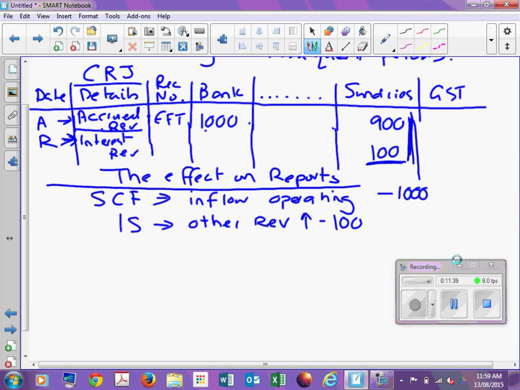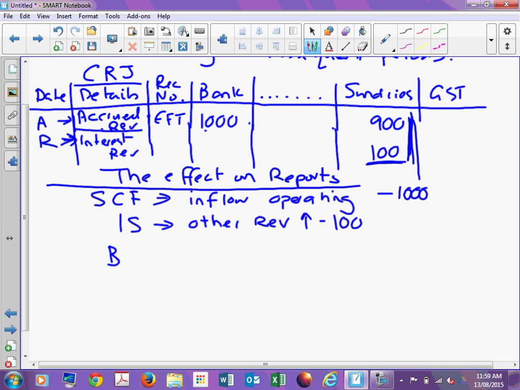Lastly, let's look at the balance sheet. The assets section has the most that changes. Okay? Because if you think about it, what's going to happen to your cash? It's going to increase by how much? $1,000, the total amount.